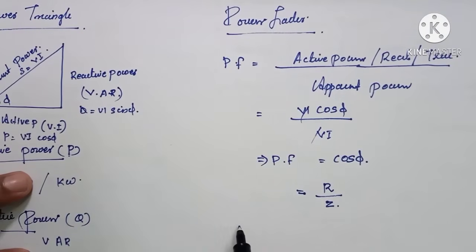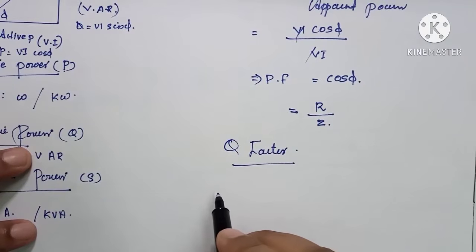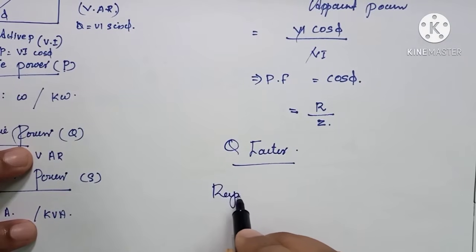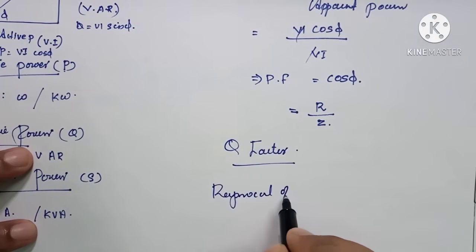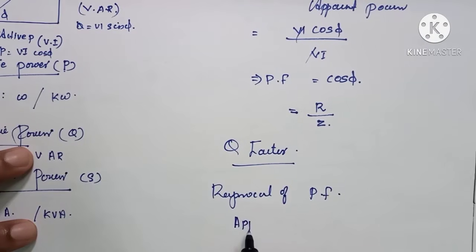Next is Q factor. Q factor is nothing but it is the reciprocal of power factor. So what is that? Apparent power divided by active power.